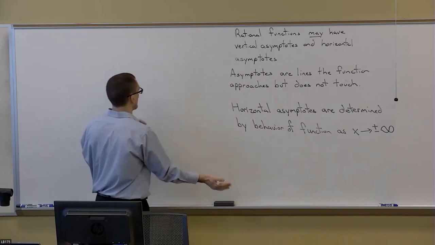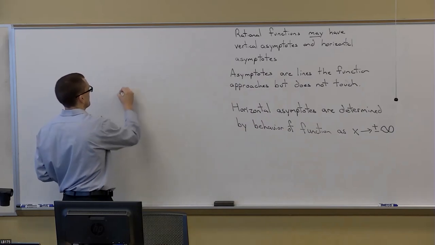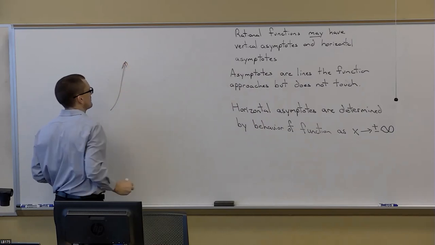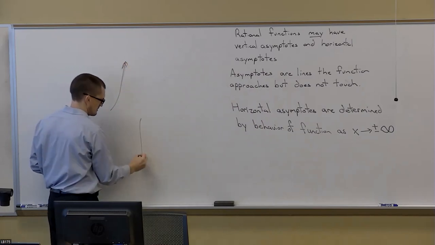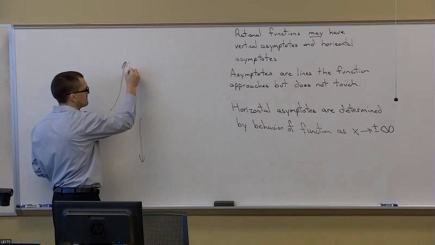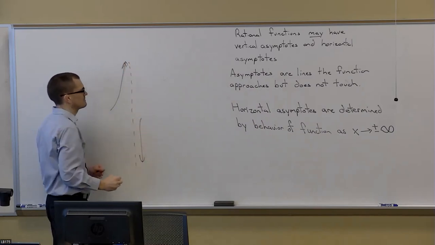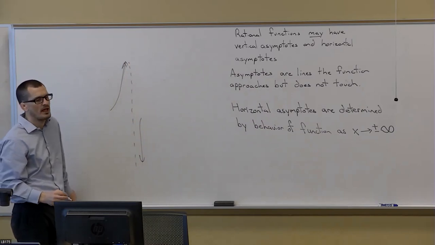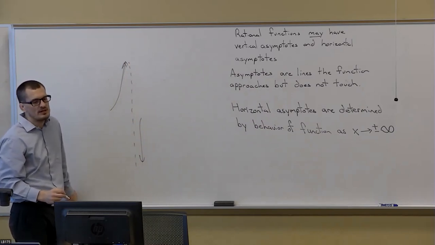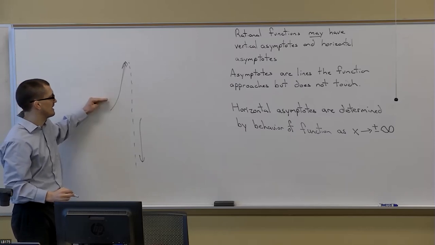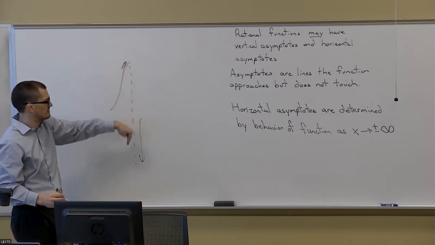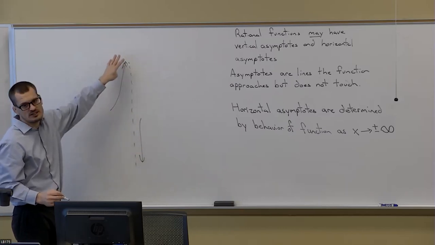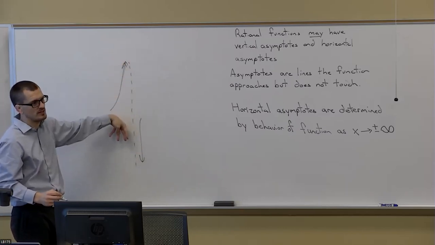In a similar but different way, we have the vertical asymptote. A vertical asymptote means one side is shooting off towards infinity and the other's shooting off towards negative infinity, or they're both shooting off towards positive infinity, or they're both shooting off towards negative infinity.